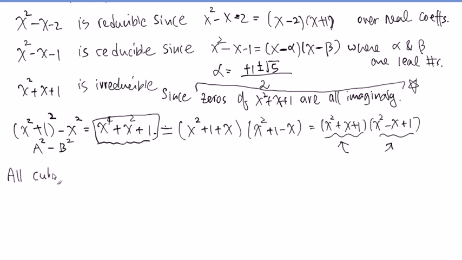All cubic polynomials are reducible. Do you know how to explain this? All cubic polynomials are reducible. Why? I mean, there are infinitely many, all different shapes of cubic polynomial. How do you know this is going to be reducible?